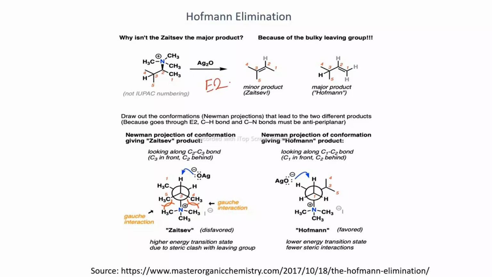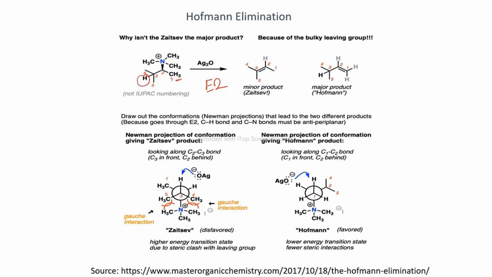Now the question is which hydrogen will be abstracted. If this hydrogen is abstracted, that will form the more substituted product, which you should always remember as the Zaitsev product.